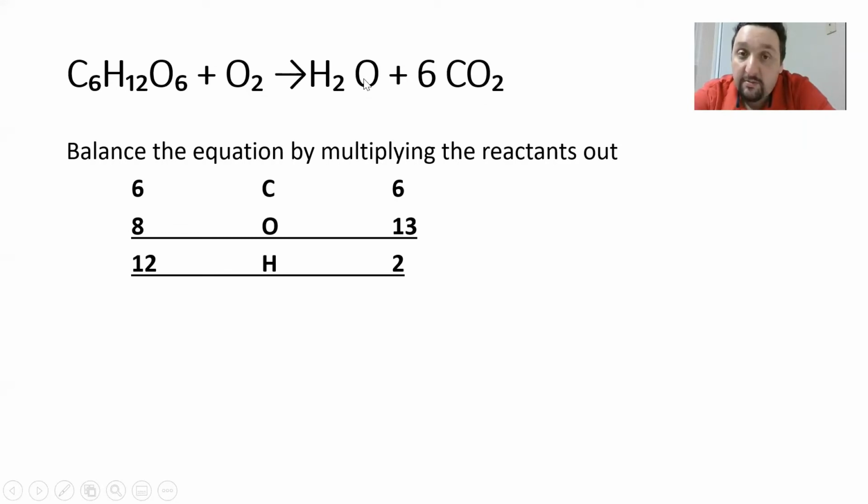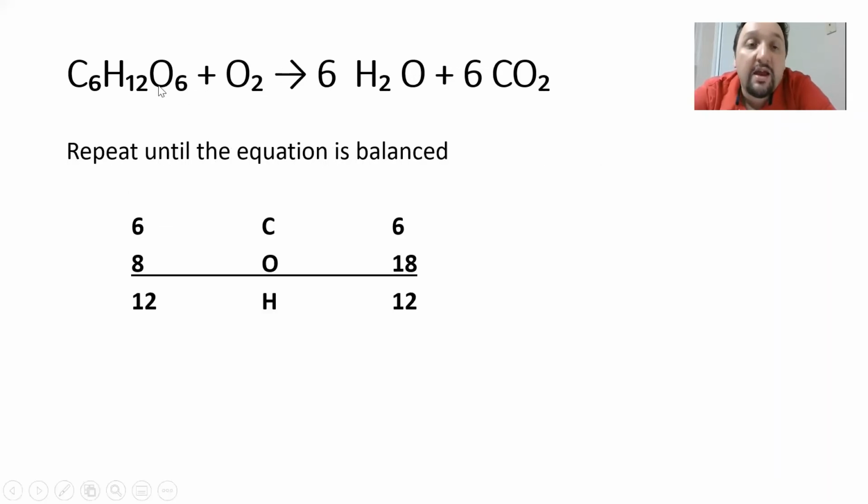So 6 times 2 is 12, plus 1 is 13, and I still have 2 hydrogens. I've balanced my carbons, but I haven't balanced my oxygens. Now we have an even number of oxygen on this side, but we had an odd number over here. So let's balance the hydrogens while also changing this to an even number.